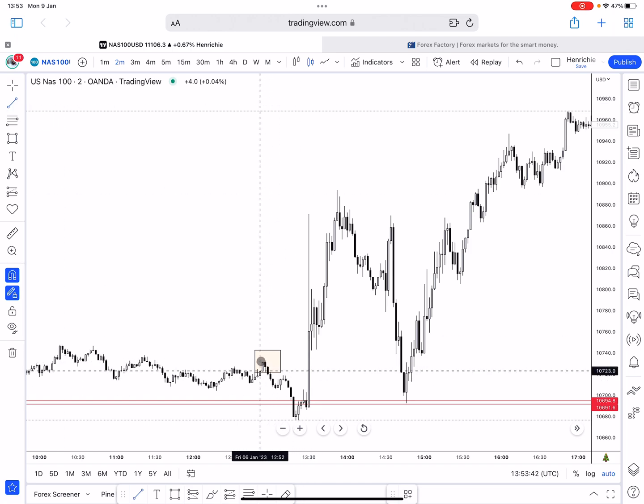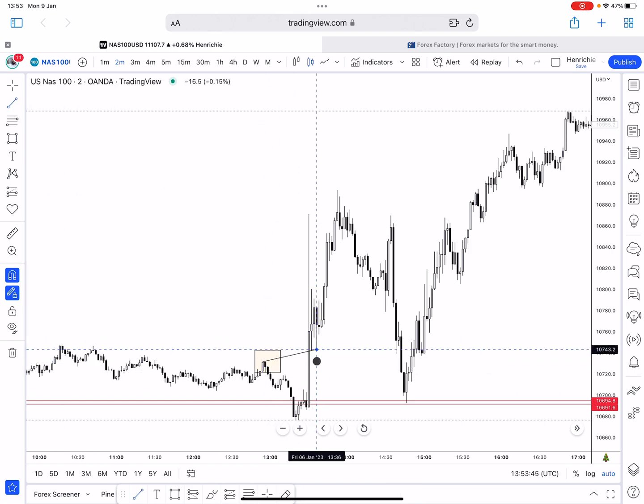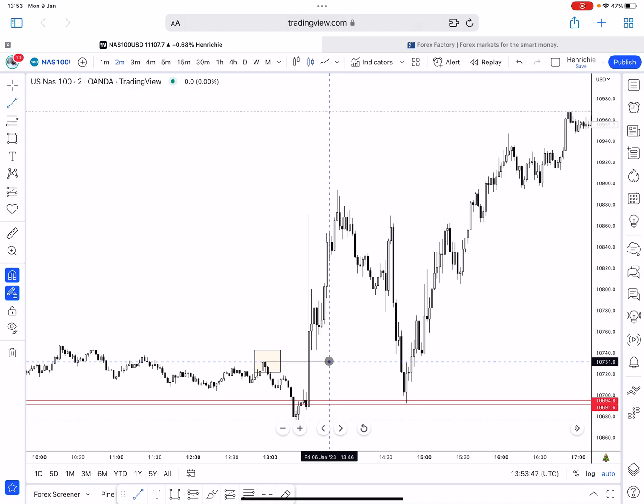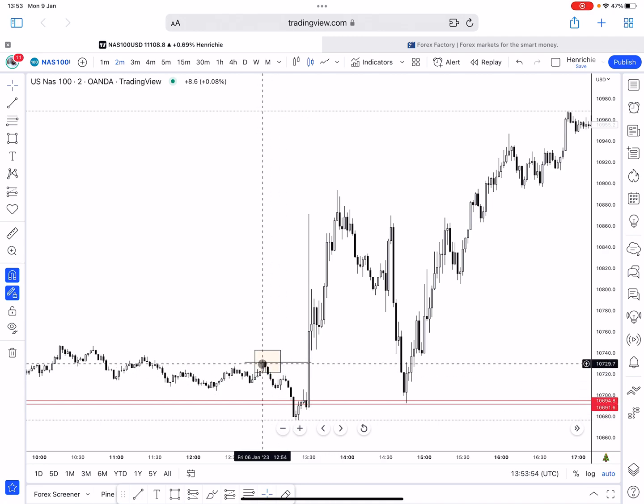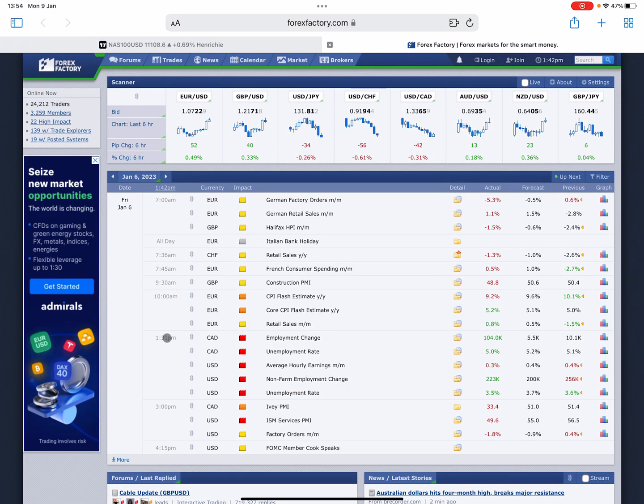So this was my high, the high that I wanted to see break. The moment price broke this structure after the news event, I went straight to the news to see what the outcome was. And you can see here, previous 0.4, forecast 0.4, actual 0.3, which in my opinion was telling me that the dollar was going to go down.